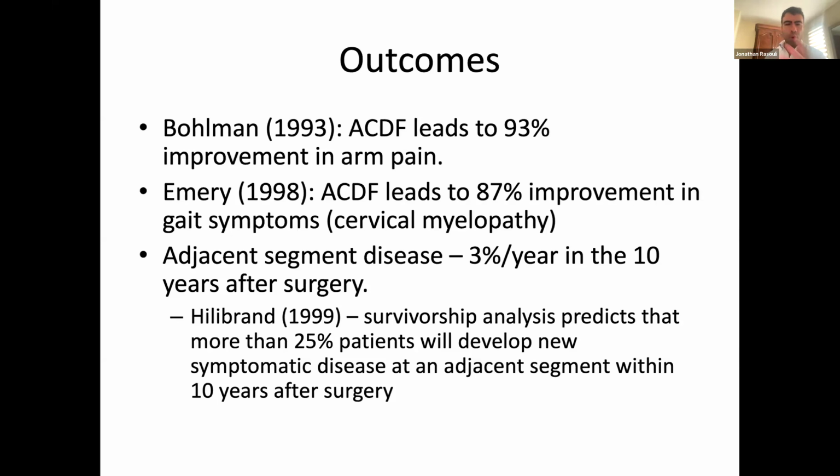Sometimes you're like, well, both those discs look bad, but I think they're more symptomatic from C6-7. So I'm just going to do a 1-level ACDF at C6-7 and watch the C5-6 disc, right? Those patients almost 100% get a symptomatic adjacent segment disease a couple of years down the road.